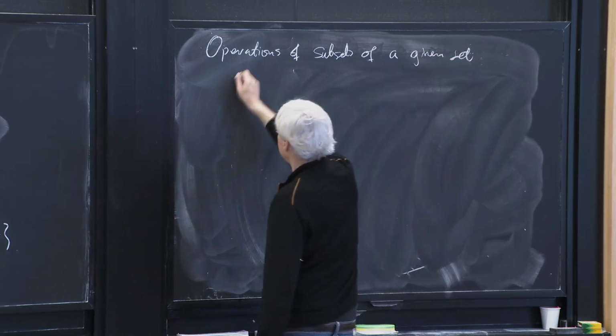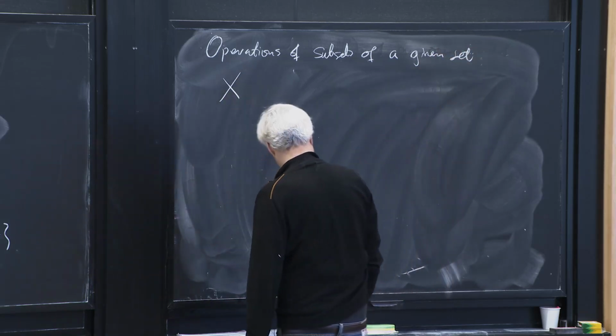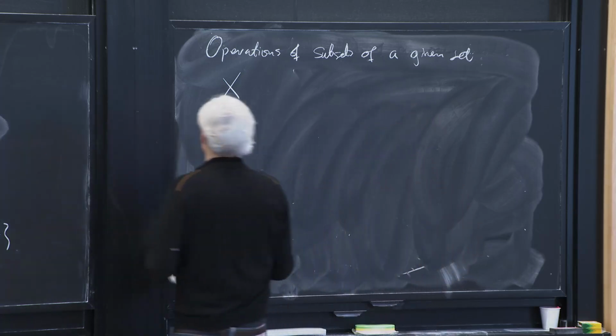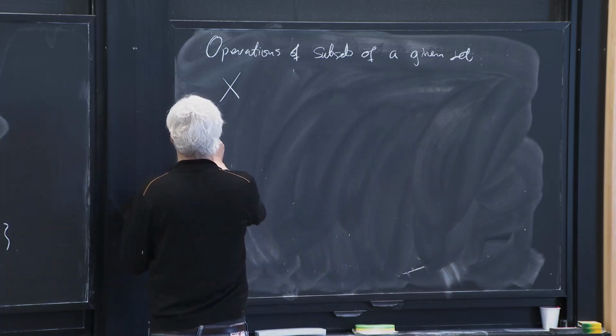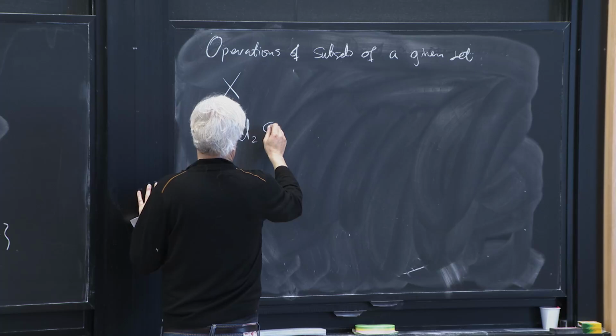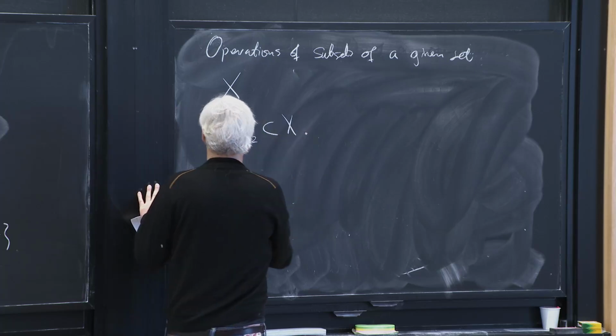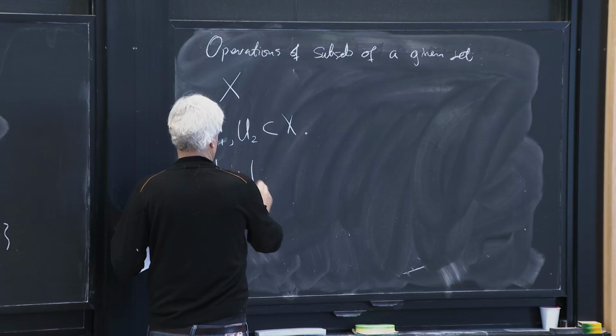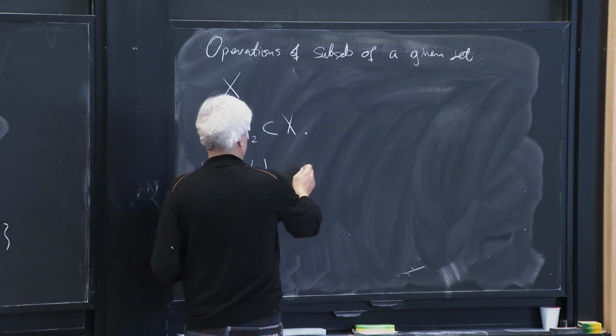Here I'm thinking about just X as being a set. It does not need to be a metric space. So if I take a set, and I take two subsets, then I can form the union of these two. This here is the union.